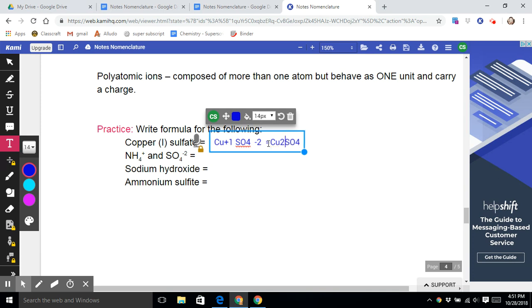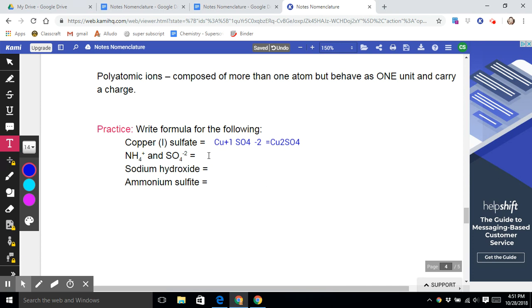The 2 is on the bottom as a subscript, and the 4 is on the bottom as a subscript. Just take the numbers, switch to the bottom and reduce it if it's necessary. This is not reducible because I have a 2, 1, and 4: 2 copper, 1 sulfur, and 4 oxygen. That's not reducible, so I'm going to leave it this way.